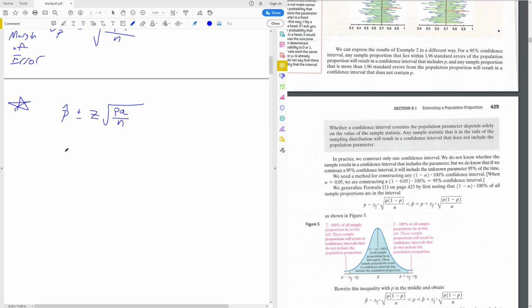Okay, so this is the point estimate. This is obtained from the sample. This is the z-score based on the confidence level.